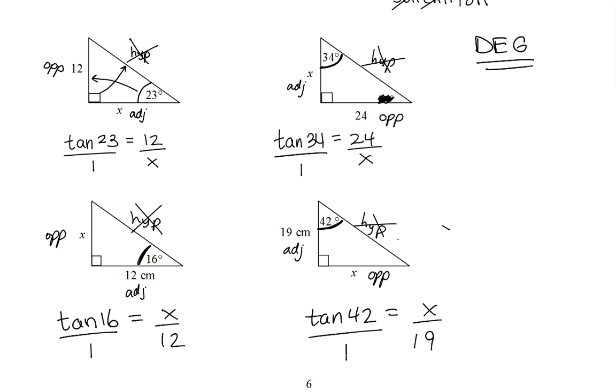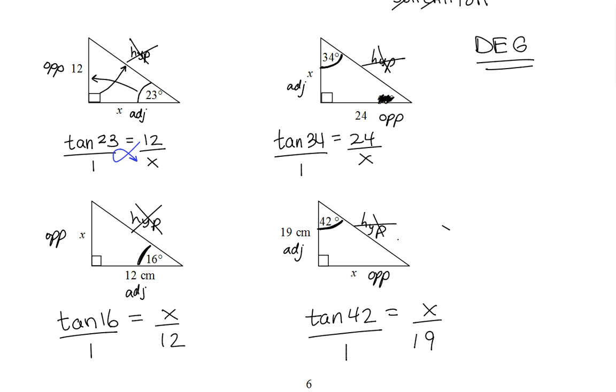Grab another color pen, and let's use the technique I learned from Miss Pites. All you have to do is draw a little fish. 12 times 1 divided by tan 23.